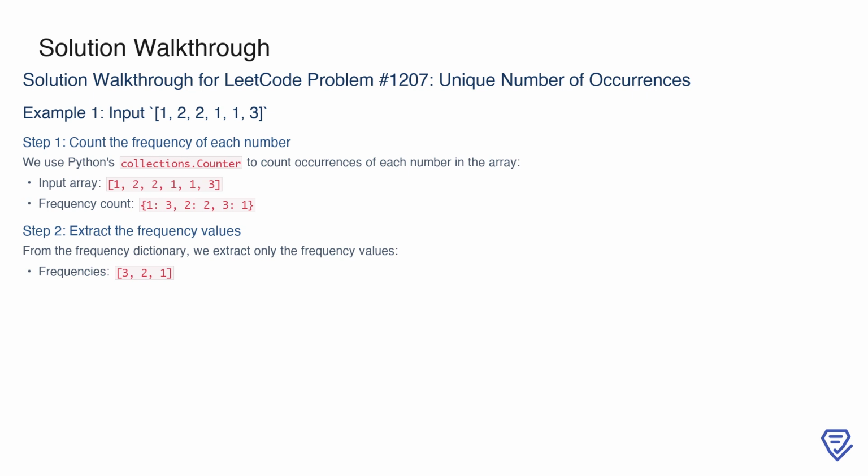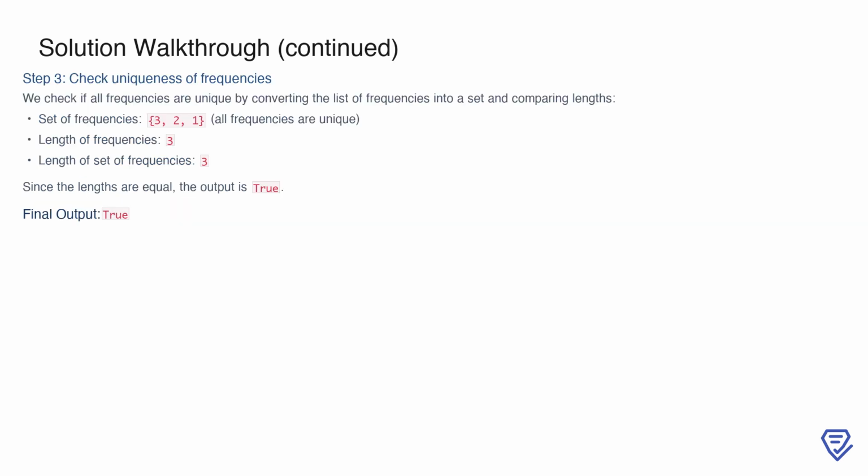Once we have the frequencies, the next step is to extract just these frequency values into a list. From this dictionary, the frequencies are 3, 2, 1, which represent how often each unique number appears in the array. Now that we have the frequency values, the next step is to determine whether all these frequencies are unique. To do this, we convert the list of frequencies into a set, which automatically removes duplicates.